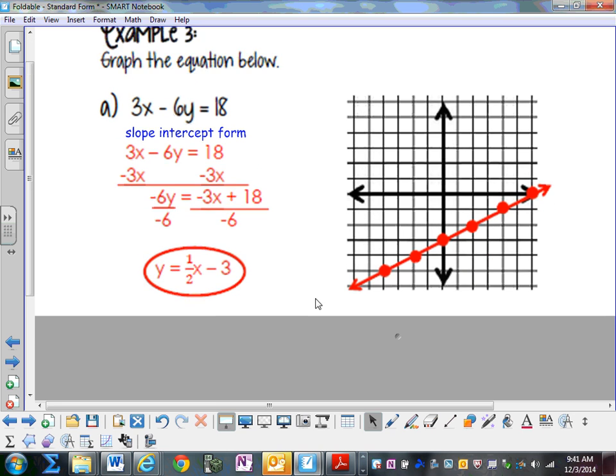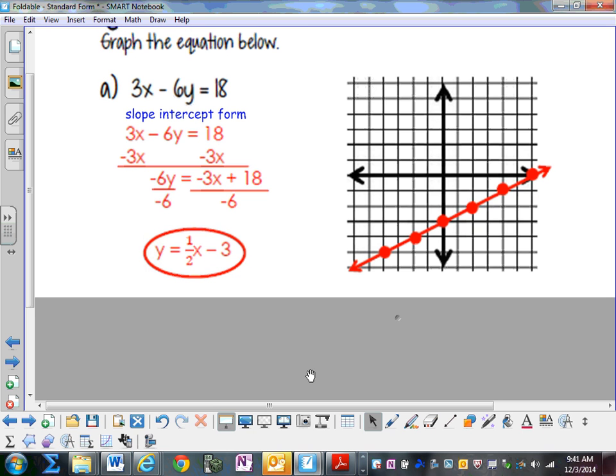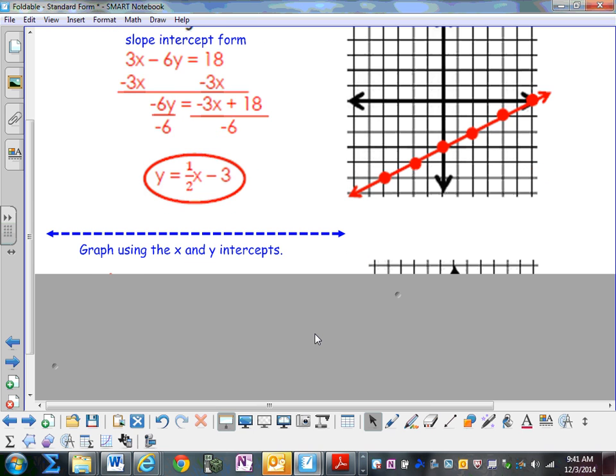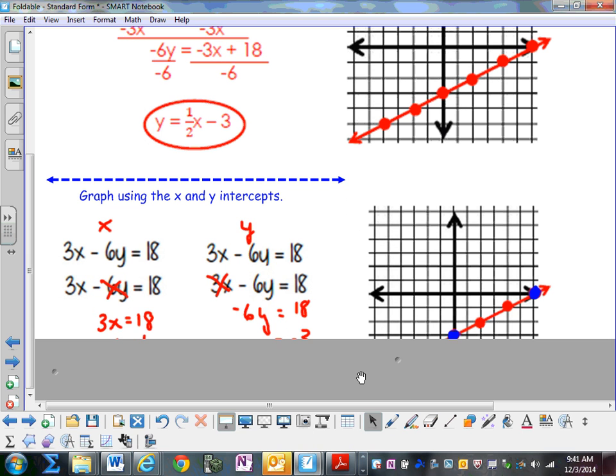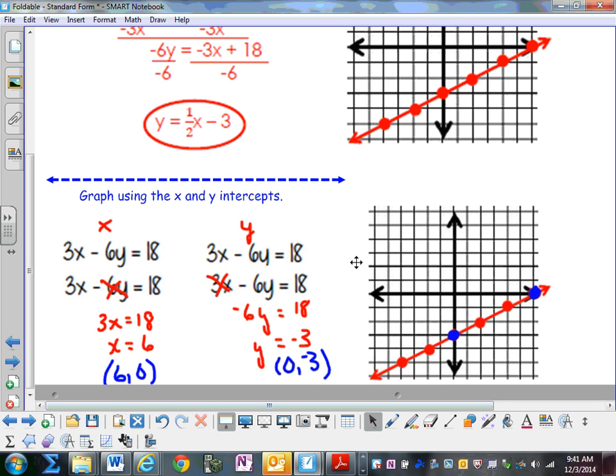Another way we could graph using standard form is graph using the x and y intercepts. So instead of rewriting in slope-intercept form, since this equation is in standard form, I could easily calculate the x and y intercepts.